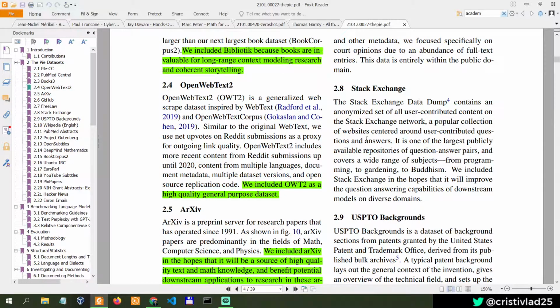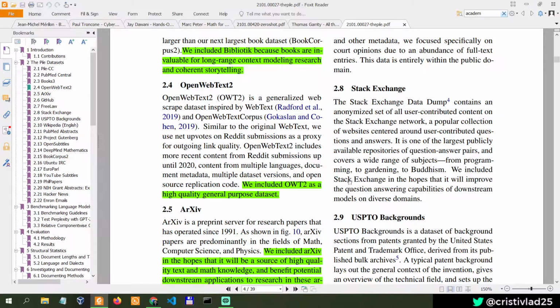For example, if you would train GPT-3 on Stack Exchange, you'd be able to leverage a task oriented towards question and answer, because Stack Exchange comprises pairs of questions and answers, covering a wide range of subjects from programming to gardening to religion.